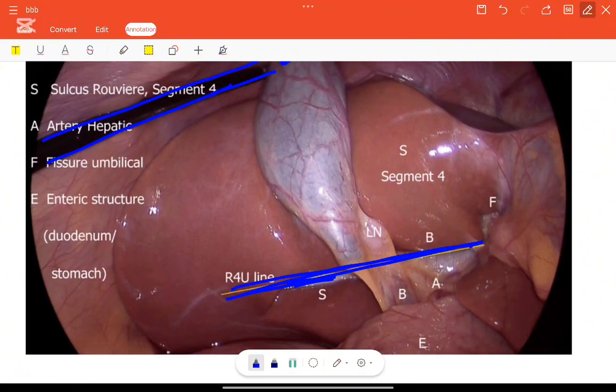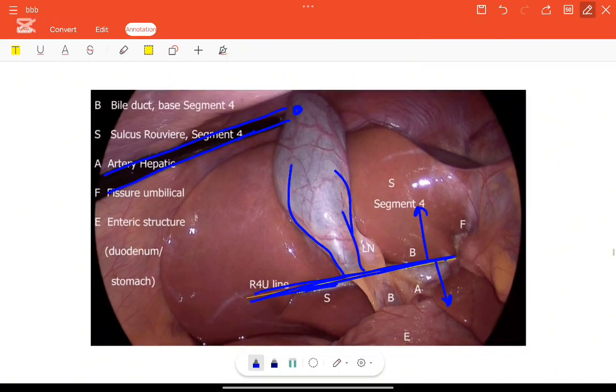So we say above the line, below the line. Above the line is safe dissection, because what you see is cystic duct and gallbladder. Below the line is bad, because you will have the bile duct, which is this one, so you can injure the bile duct. So remember this, always stay above Rouviere's sulcus. Very important thing to do.